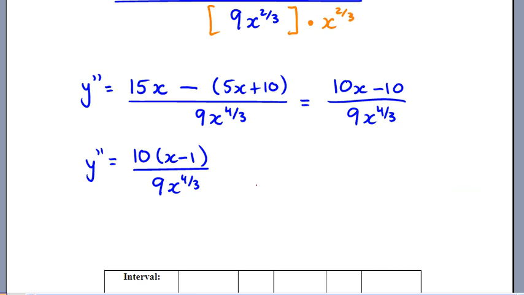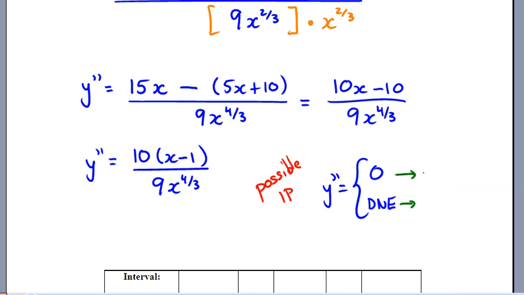Okay, time to go and check. Let's look for some possible inflection points. I don't know whether these will be inflection points or not, but let's look at this second derivative and ask ourselves, could that ever be 0? Could it ever be broken? Well, we'll look at the top of the fraction to see when it could be 0. Oh yeah, x is equal to 1.